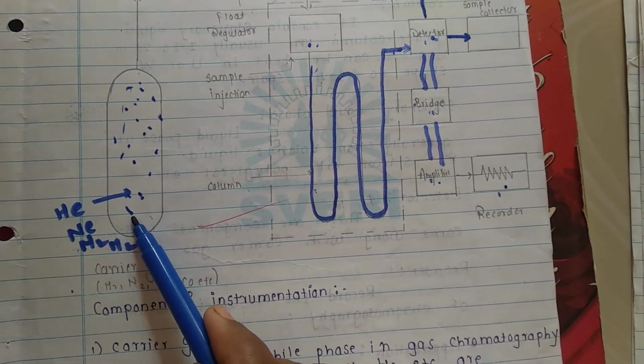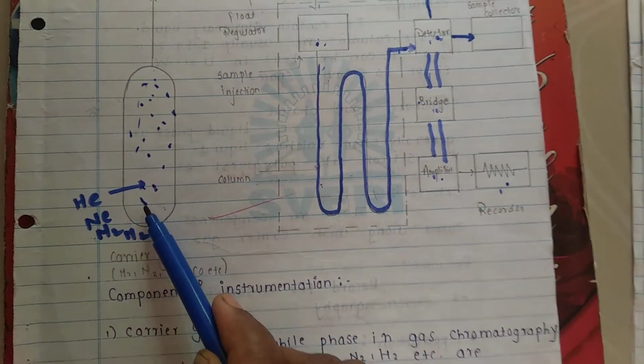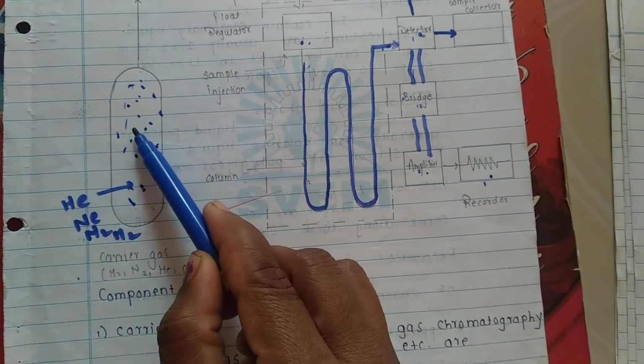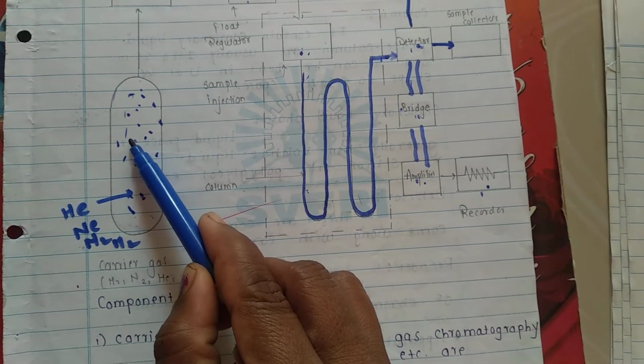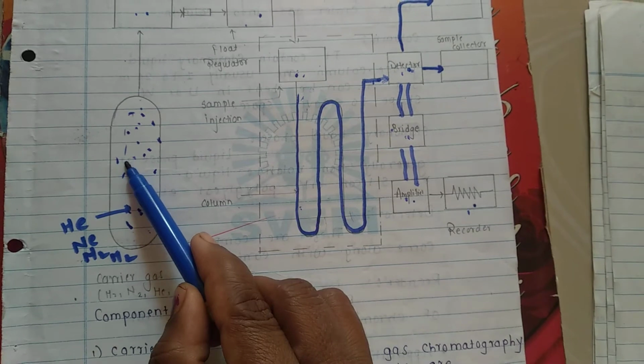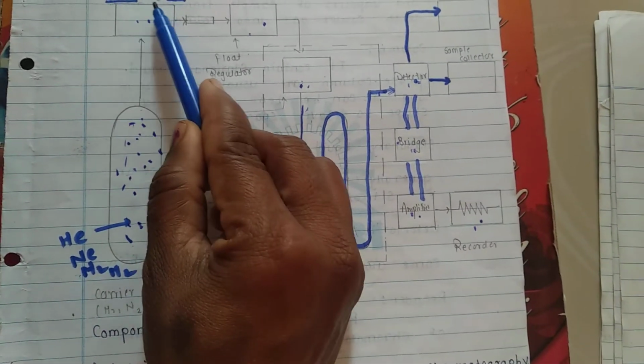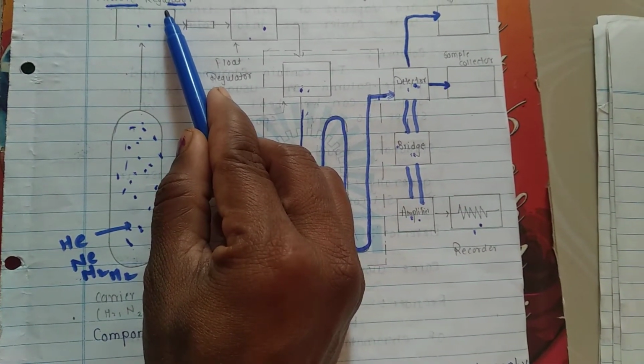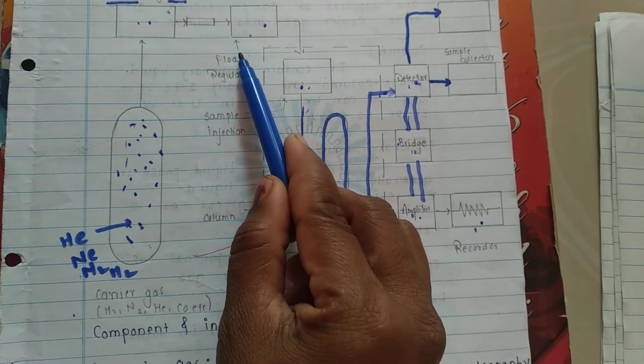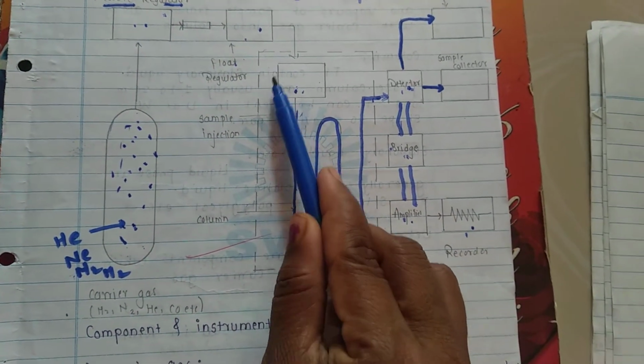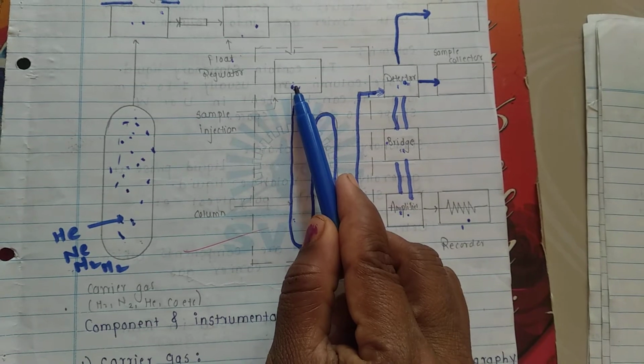Here the carrier gas acts as the mobile phase, so this carrier gas transfers from this cylinder to the pressure regulator, and from the pressure regulator to the flow meter, and then to the sample injector.